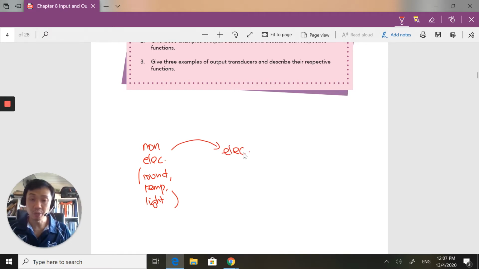And why we do this is because circuits only recognize electrical signals, whether they be analog or digital.